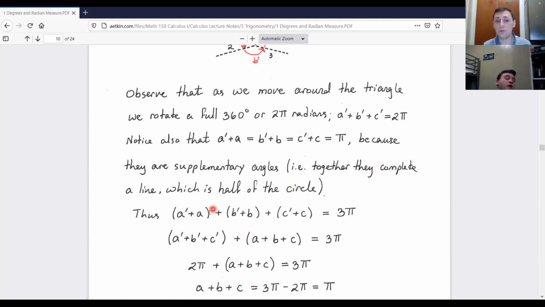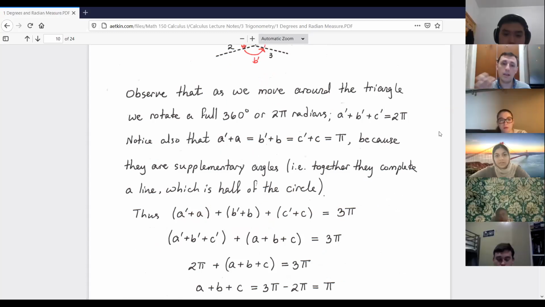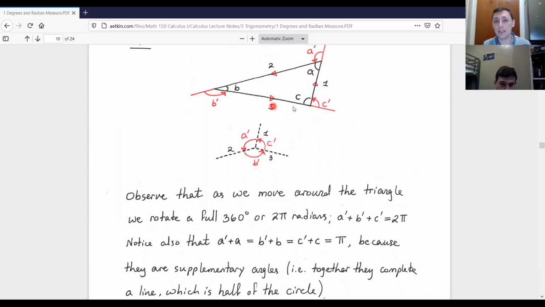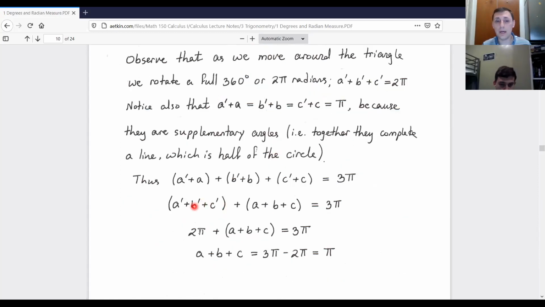So if I add them all together, look at it. If I add them all together, I get 3 pi. Are you clear why? If I add A and A prime plus B and B prime plus C and C prime, I get 3 pi, because each of them is pi. Now I can regroup and isolate the primes, the outer angles. The outer angles, I know they add up to 2 pi.